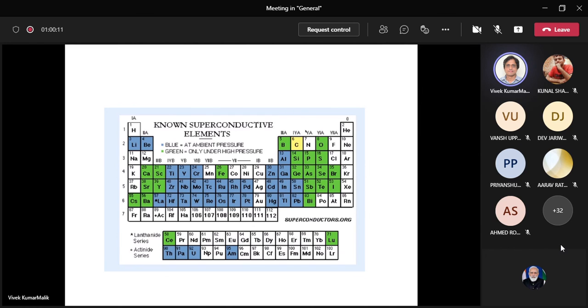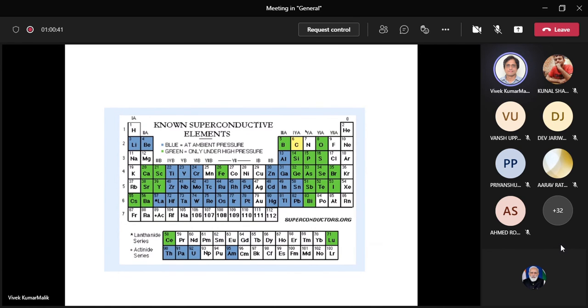This is the table you can also find on the web. The green and blue ones are the superconductors at ambient pressure, and for the other green ones you have to apply more pressure to make them superconducting. The rest, the white ones, are never superconducting.